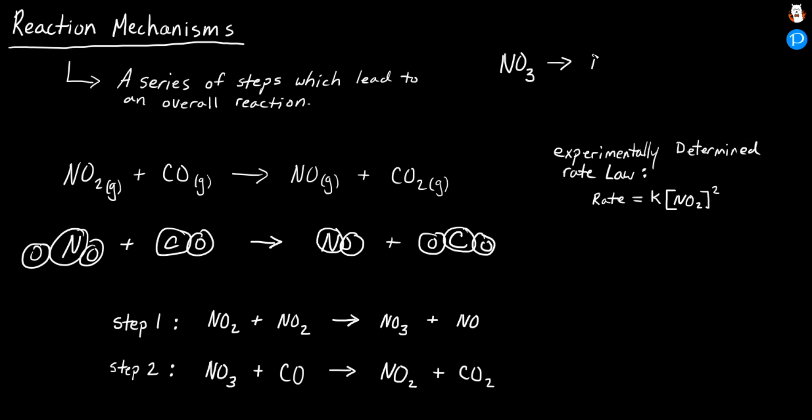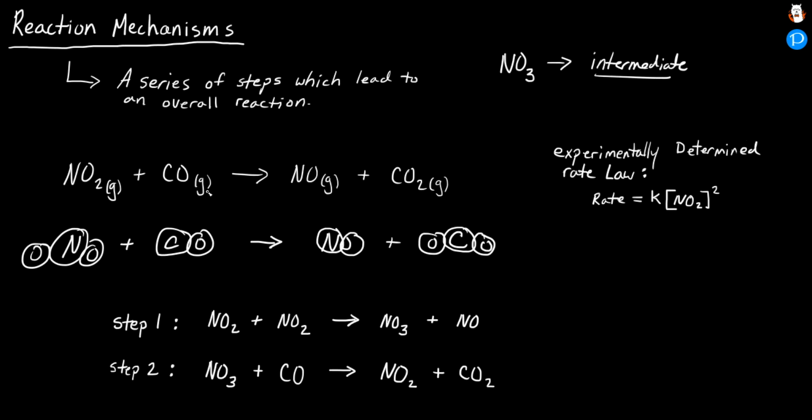NO3 would be what is called an intermediate in this reaction. You would notice that NO3 would pop up in the middle of this, but then it would go away.